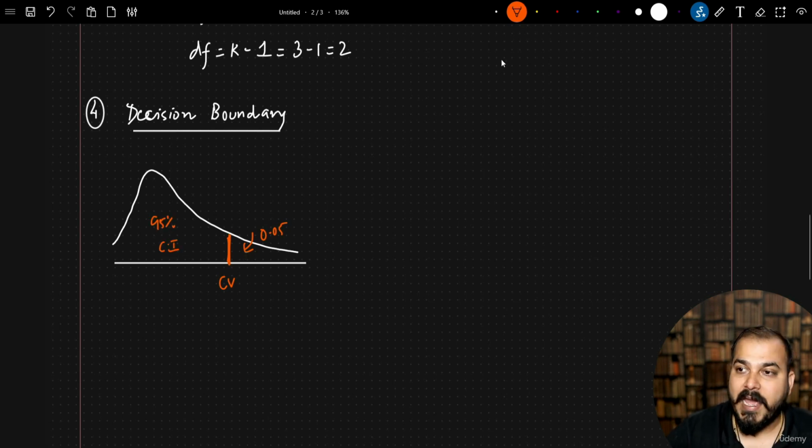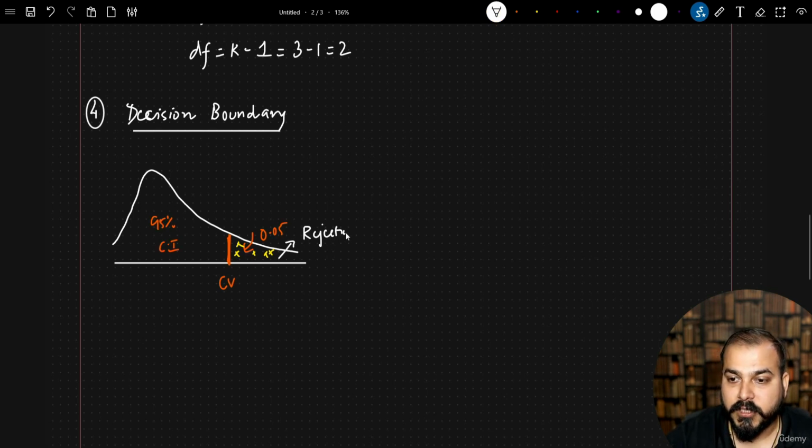So I have to find out this critical value, and if my chi-square test statistic is greater than this critical value, then we reject the null hypothesis. If it is present in this particular area, then we accept the null hypothesis. So this part is called the rejection area, and this part is called the acceptance area.